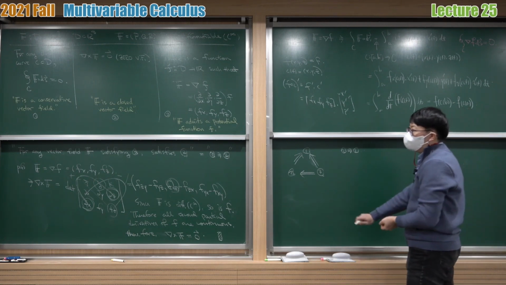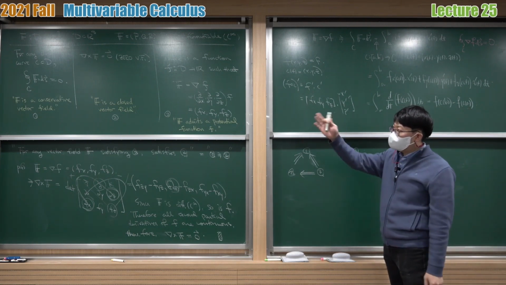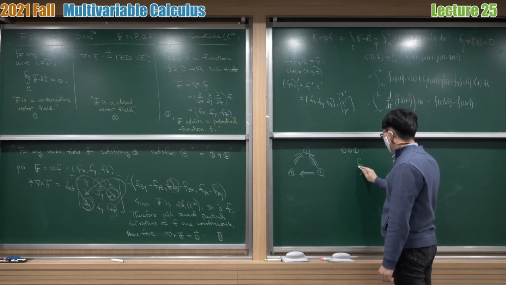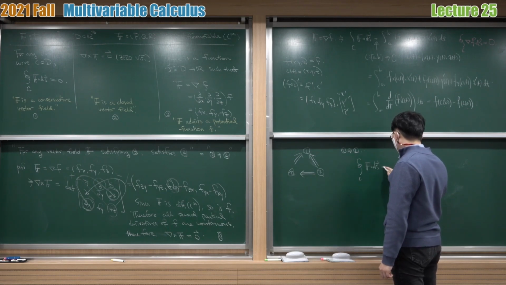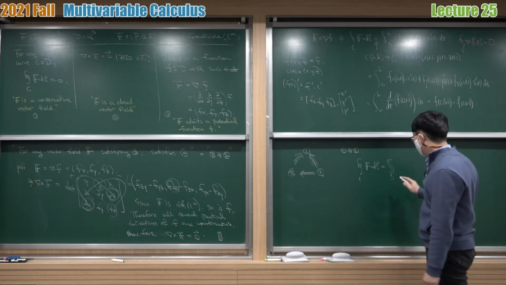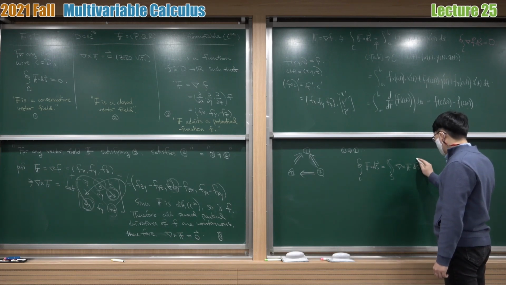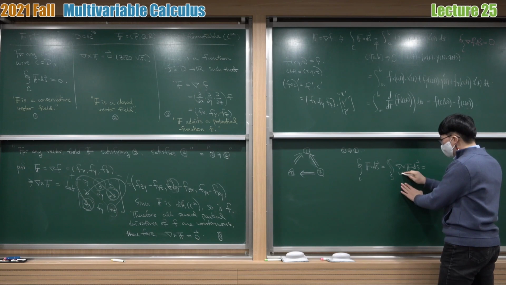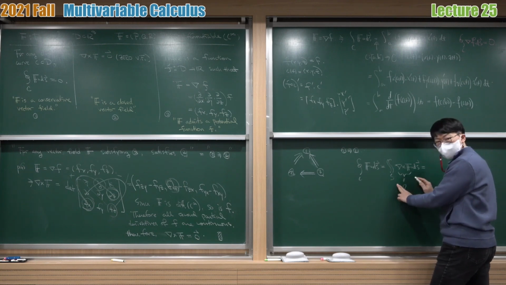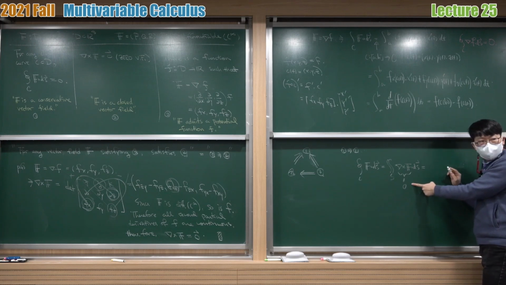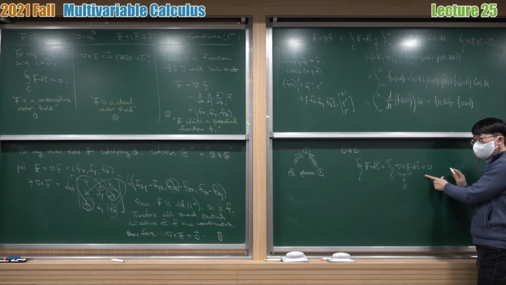So if you know that Stokes theorem is true for that kind of vector field, then the line integration is equal to the surface flux of the curl of the vector field dS, but by assumption this is 0. So we are taking a flux of a zero vector field. So basically, this is 0.